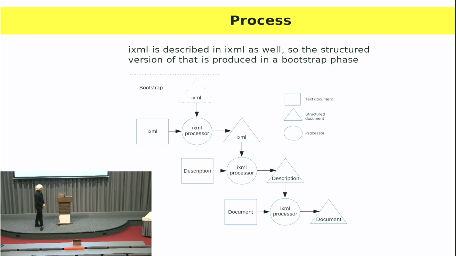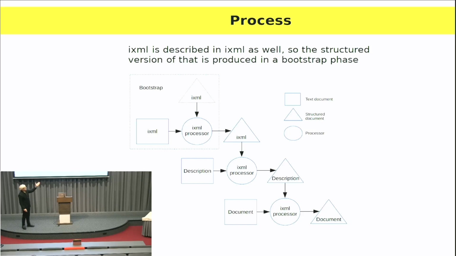So the ixml processor identifies the structure of the incoming document, and it can do anything it wants with that result. It doesn't even have to produce it as an external document. It could be an initial phase of any XML processor that just serializes it into memory.